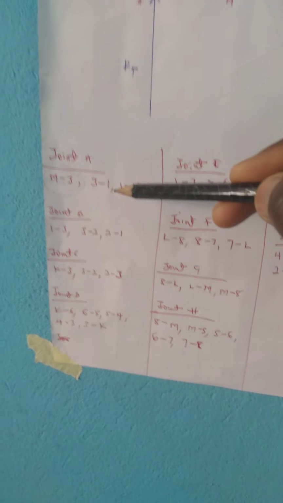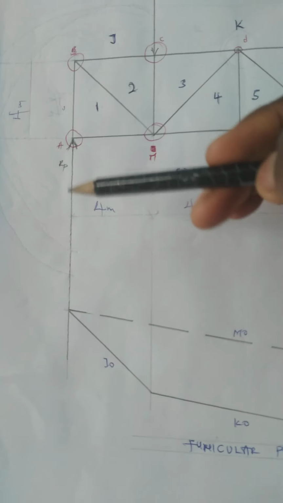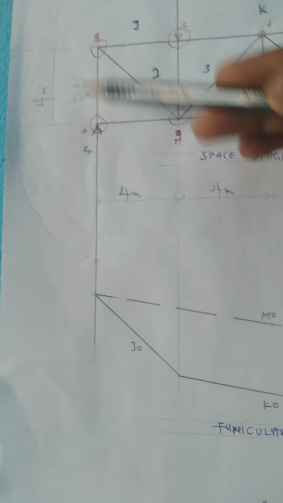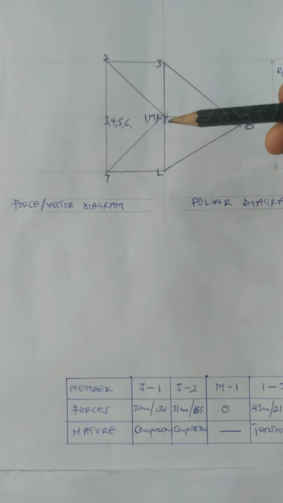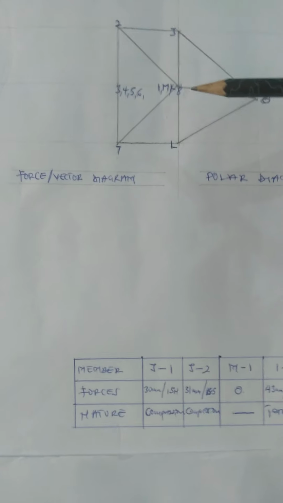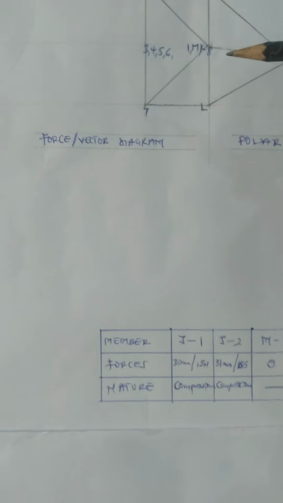We have J1 at joint A, which is this member. Now we move to the force or vector diagram in a similar fashion in which the members have been lettered. It is J1, not 1J.